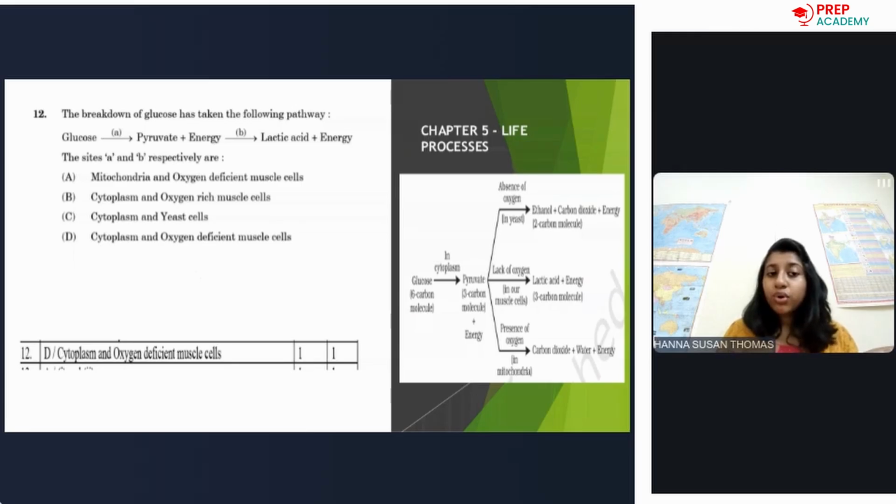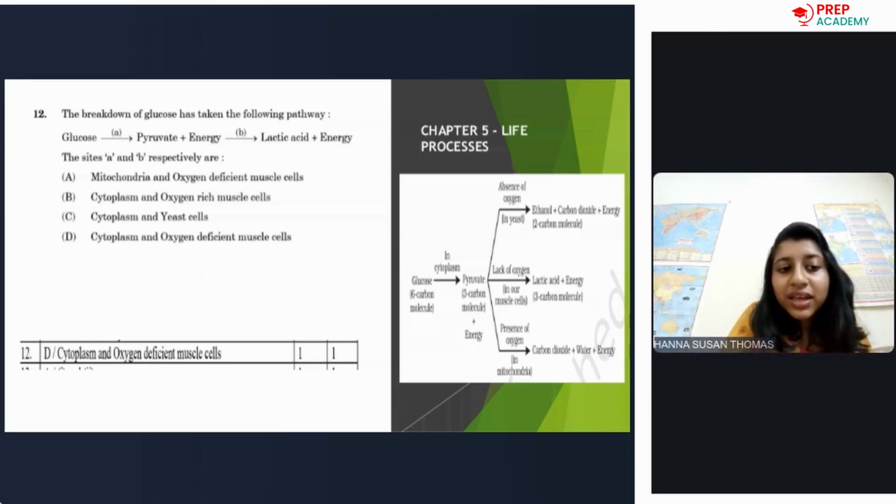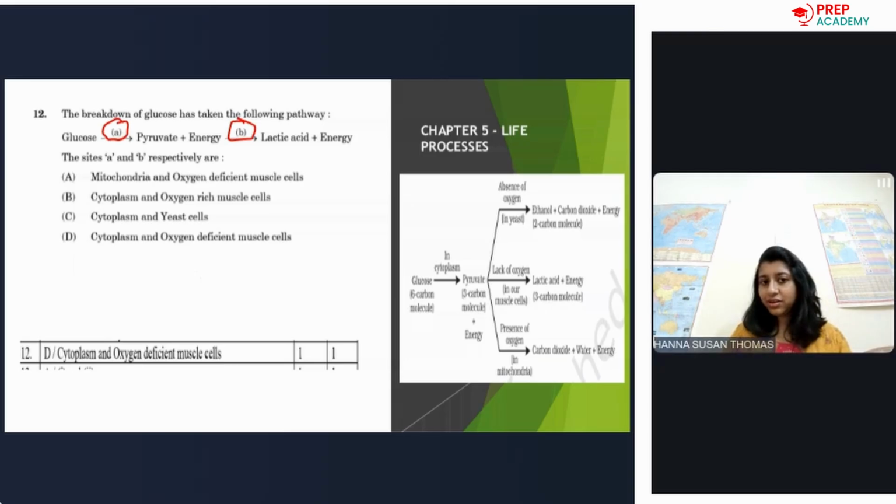The breakdown of glucose has taken the following pathway: glucose converting into pyruvate and energy, then converting into lactic acid and energy. In this question you can see the letters A and B. These A and B are nothing but the sites where these conversions take place.